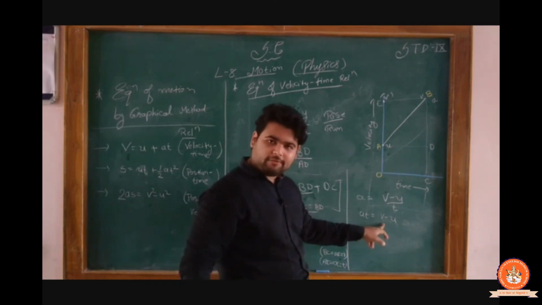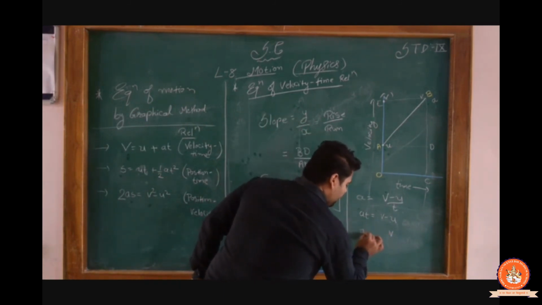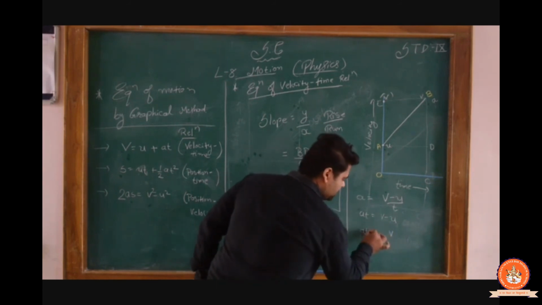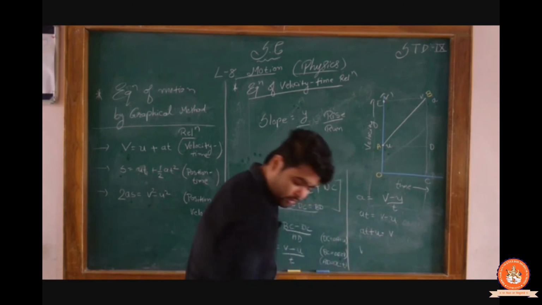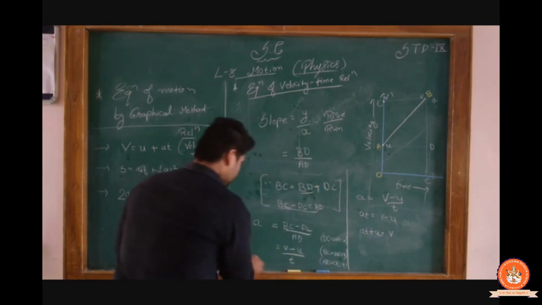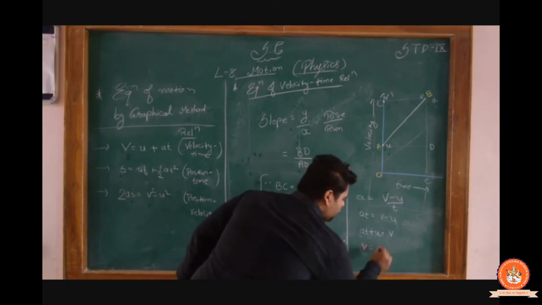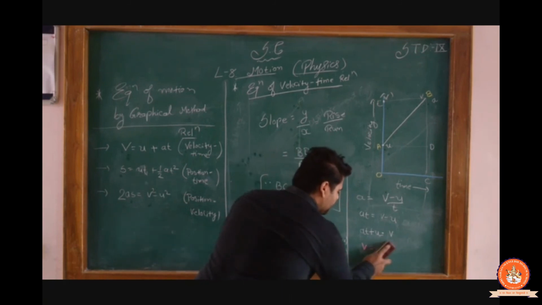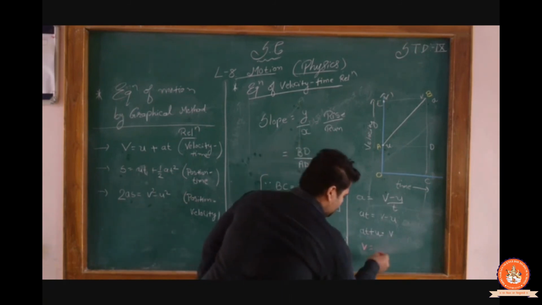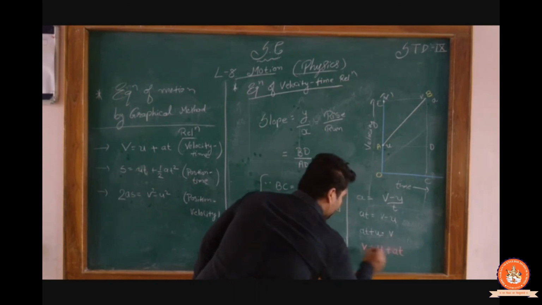So we make v the subject here: at, and this minus goes to this side, so it is u. Clear? So the answer that comes is v equals u plus at.